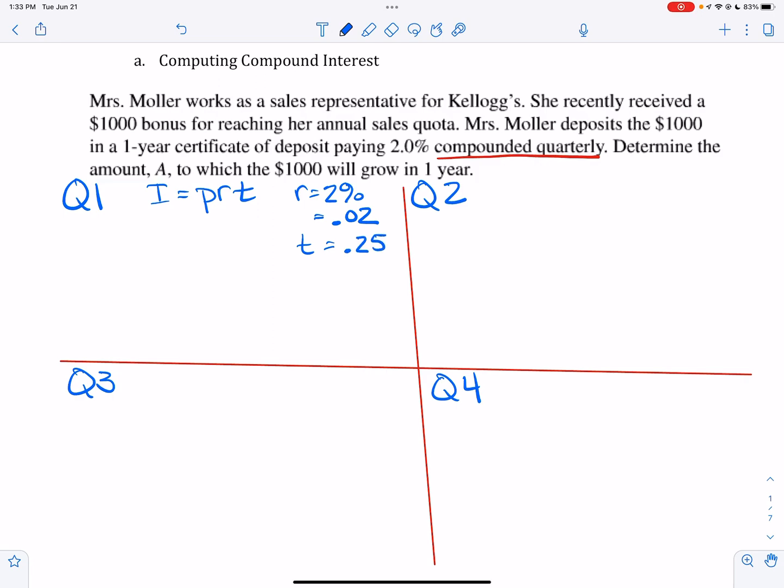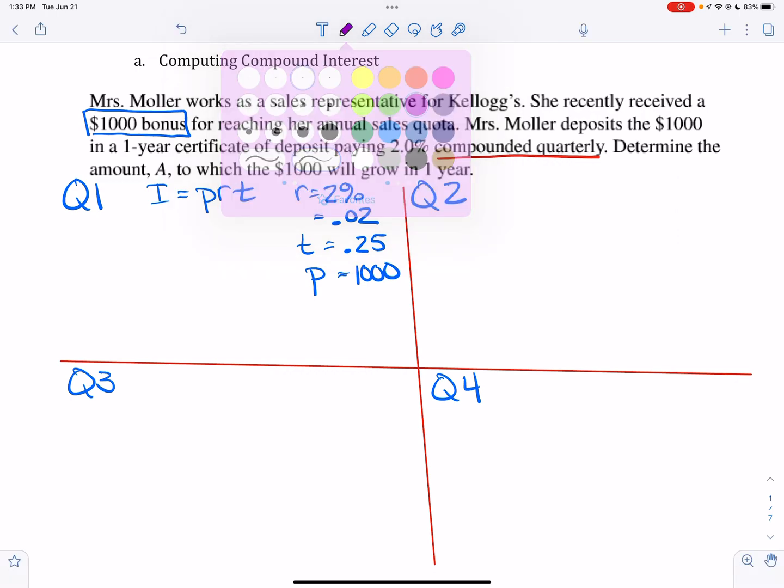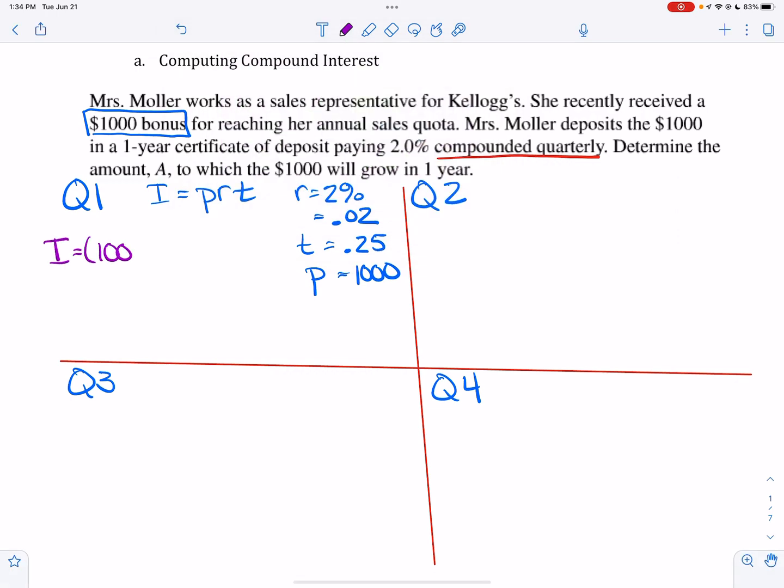And my principal for the first quarter is this $1,000 bonus. So now I'm going to figure out my interest. Interest is 1,000 times 0.02 times 0.25. And when I multiply that out, I am going to get $5. Okay, so the first quarter I earned $5 of interest.